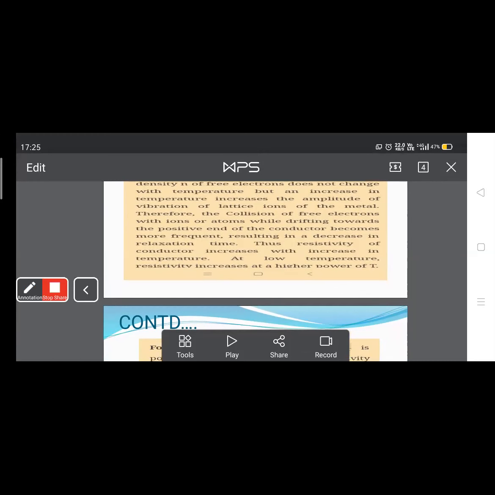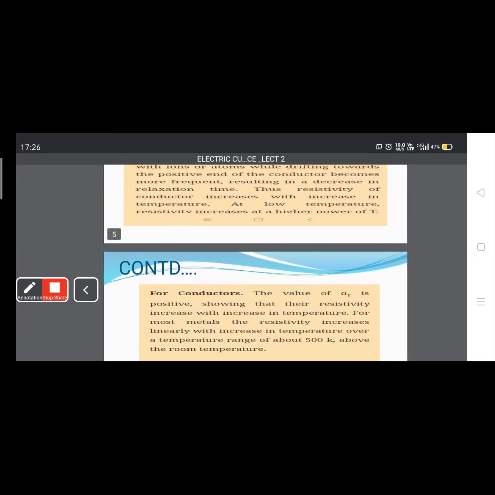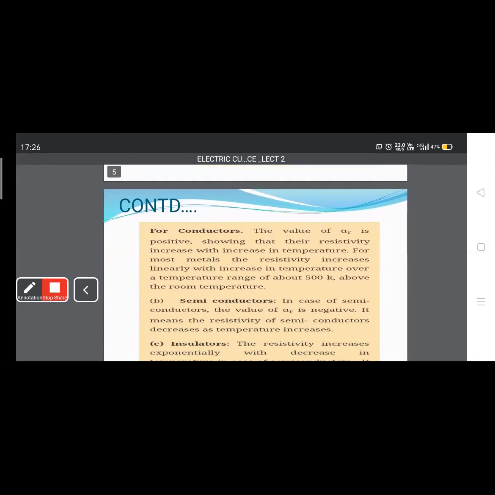Clear? Since resistivity is inversely proportional to relaxation time, if relaxation time decreases, resistivity increases. So on increasing temperature, relaxation time decreases in metal and resistivity increases. Okay.